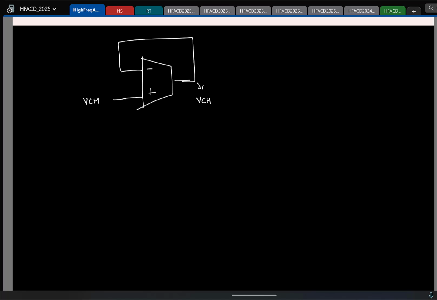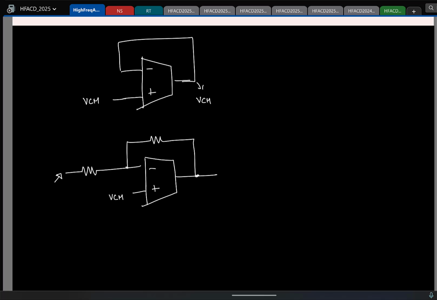And even if you have an inverting amplifier kind of configuration, something like this, here again you will connect this to some bias voltage VCM. So at the input side also, if you feed in the same bias voltage VCM, then what will this be? That will be at VCM. What will be the output? That will also be at VCM.